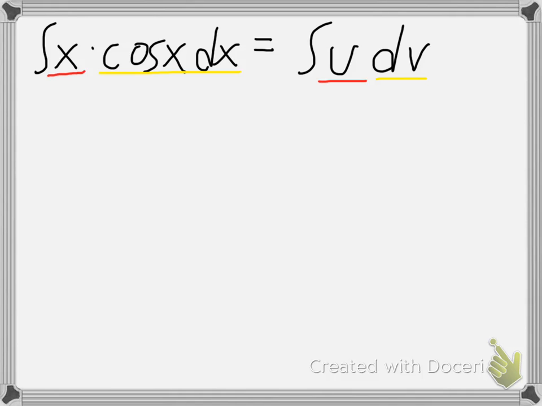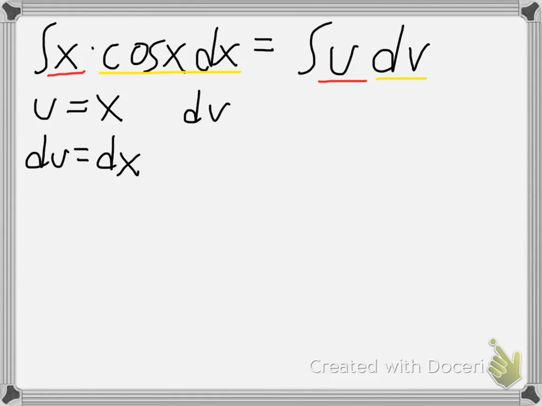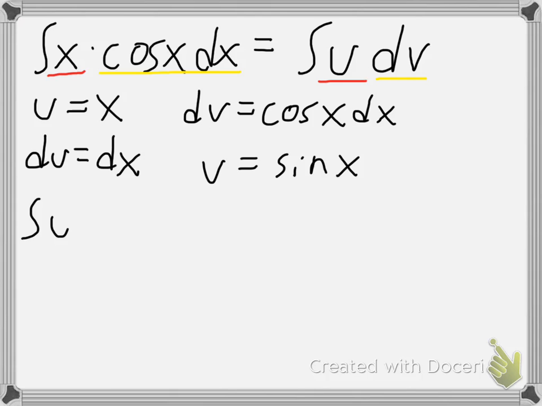So now that you have these values, you want to find the other values in the equation found earlier. So with u equal to x, and you take the derivative of that, du equals dx. And with dv equal cos x dx, you take the integral of that, and v equals sine x.